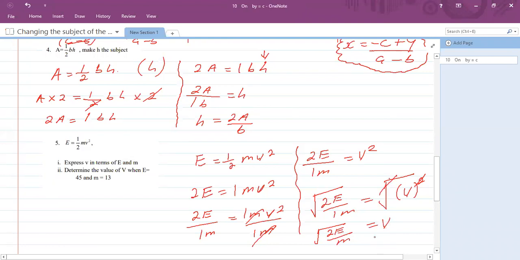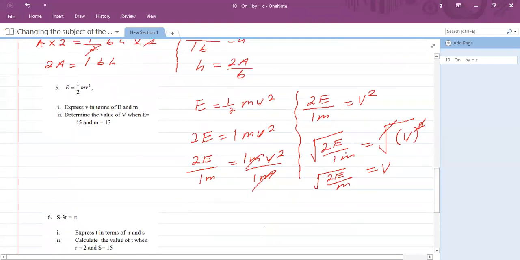Then if you want, you say to the left, V is equal to the square root of 2E divided by M. Right. Everybody agree to that?